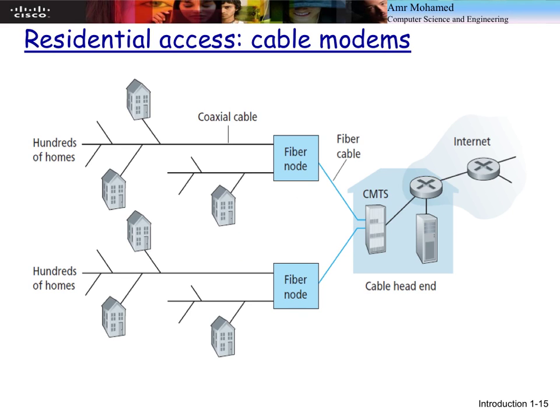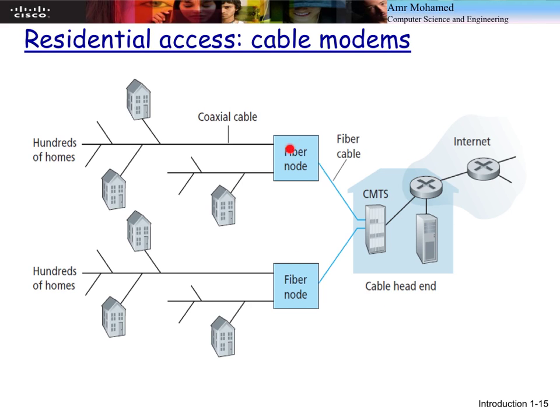And using fiber optics means that you can carry a huge amount of traffic, because fiber optic, as we will talk about in a minute, can carry extremely high data rates for a very, very long distance. Okay, so that's good.